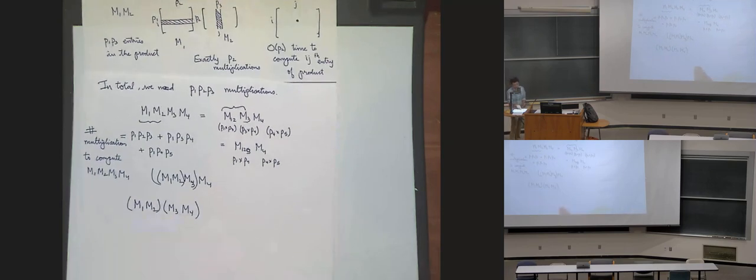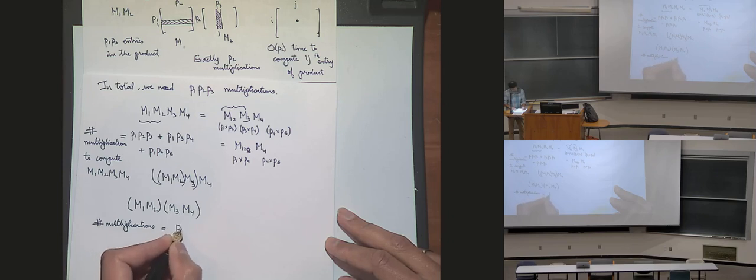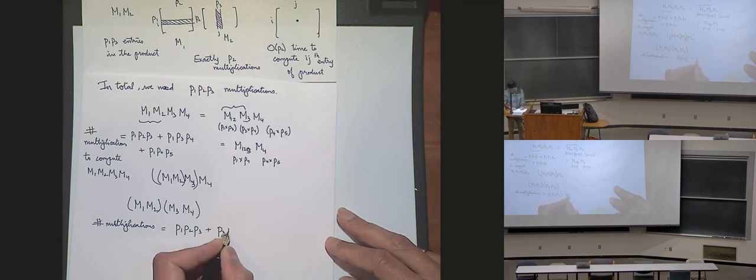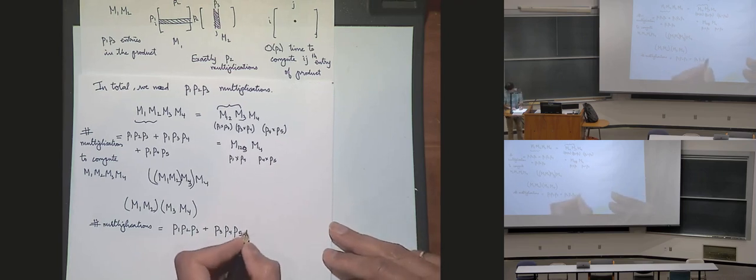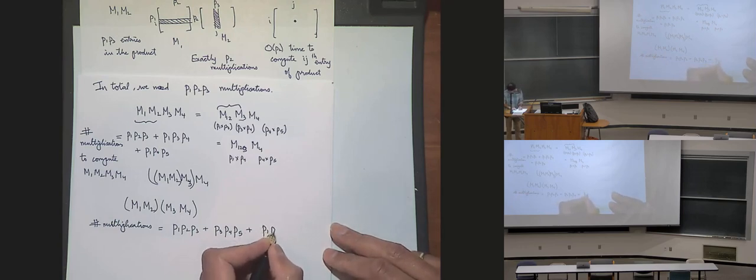And if you did it this way, I'll just write down the number of multiplications: it's going to be P1, P2, P3. For this one, it's going to be P3, P4, P5. And then you get P1, P3, P5.